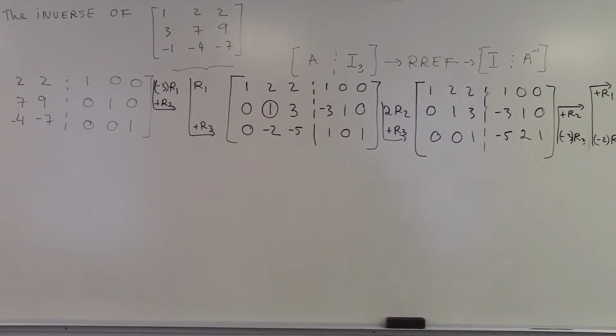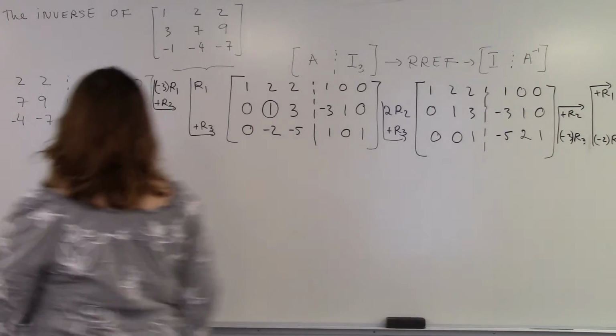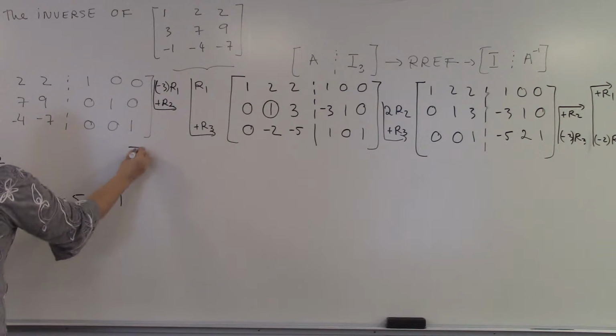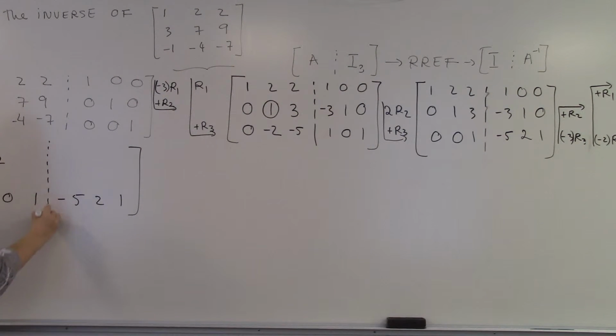Okay, so that means my matrix becomes 1, 2. Let's start at the bottom. 0, 0, that remains unchanged. -5, 2, 1. And we said the second row changes by making a 0 there.